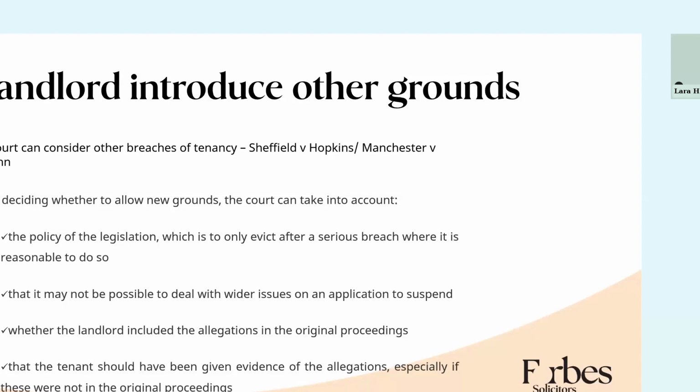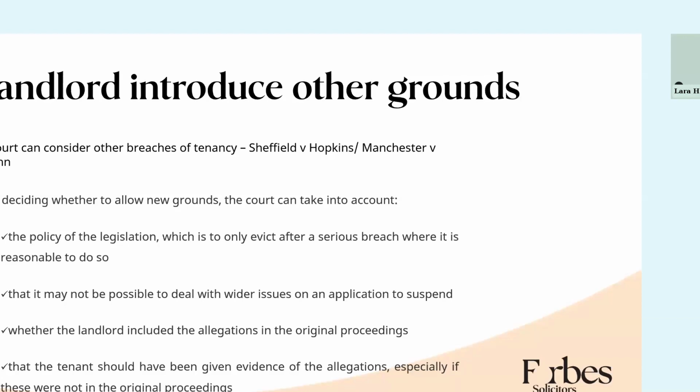So the question may be asked, well, why wasn't this included from the outset? And we would have to be able to provide evidence as to why that hasn't been included. Sometimes the antisocial behaviour, for example, has started after the possession order was made, and that would be a valid reason why it wasn't all included together.